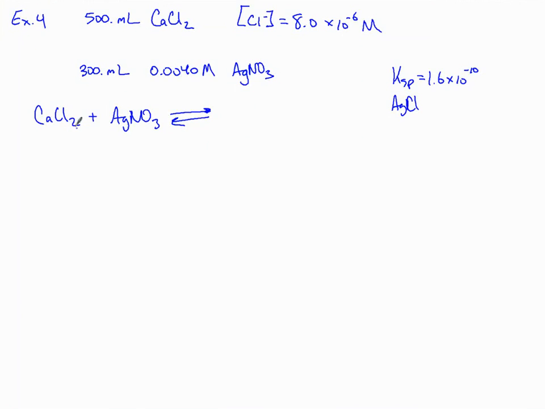So this is the basis of the reaction, and we want to know if there's a precipitate. But here's what we're really looking at. We have Cl minus and silver, and we're looking for a solid here. The KSP implies a dissociation reaction. And so the KSP is for this reaction here.